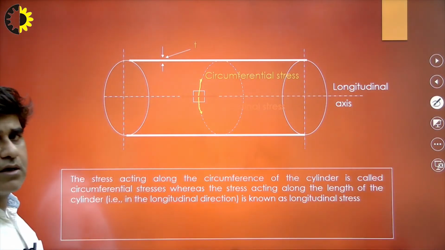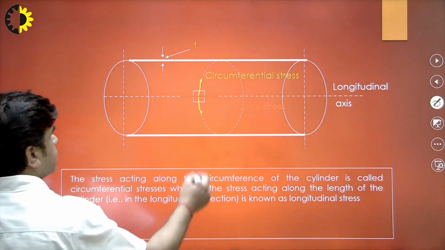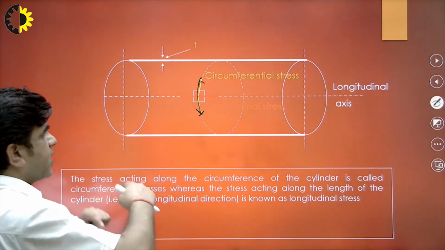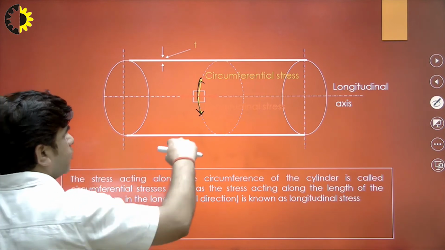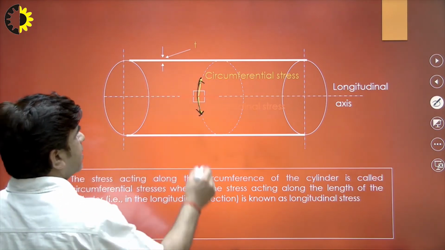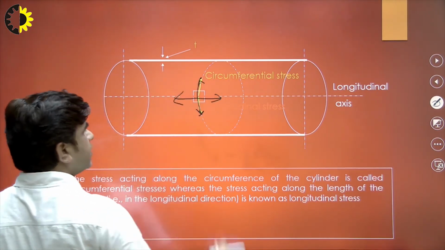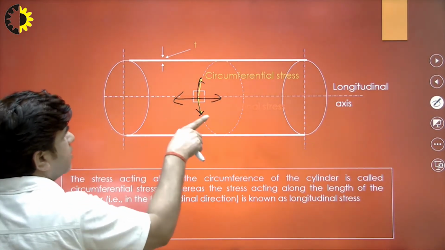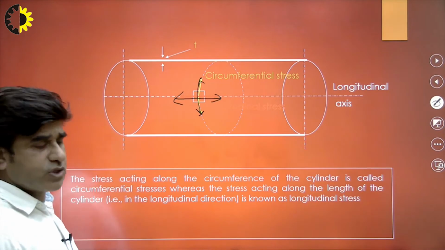So this will be the direction of circumferential stress, which is along the circumference, and this will be the direction of the longitudinal stress along the length of the cylinder.